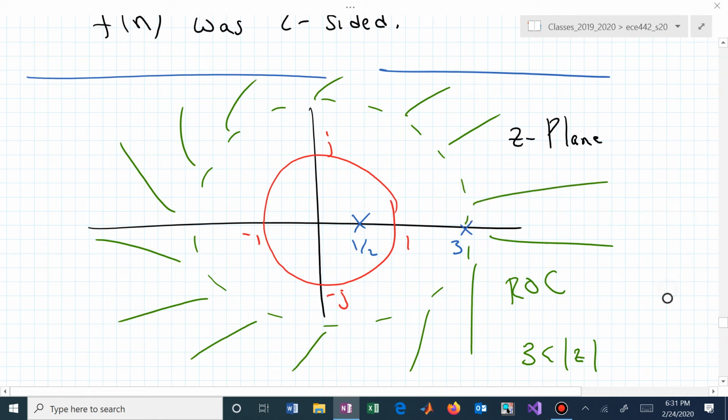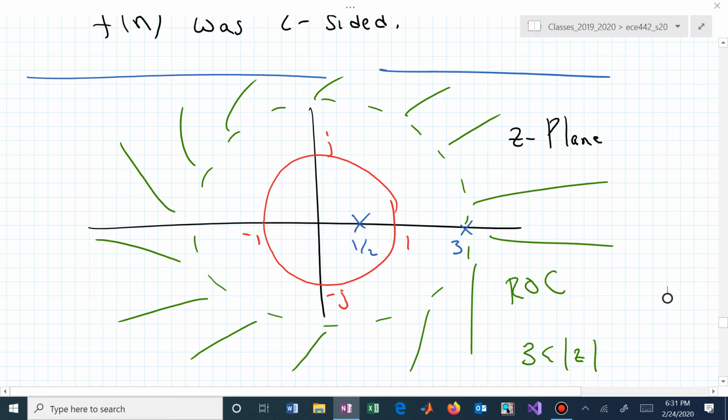For this same set of modes, we have 2 poles, a pole at 1/2 and a pole at 3. What if we looked at this region of convergence, for the magnitude of z living beyond 3? Now we have a void.